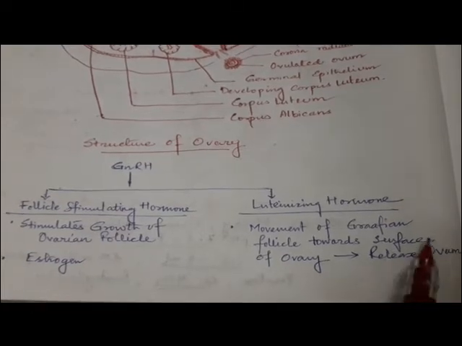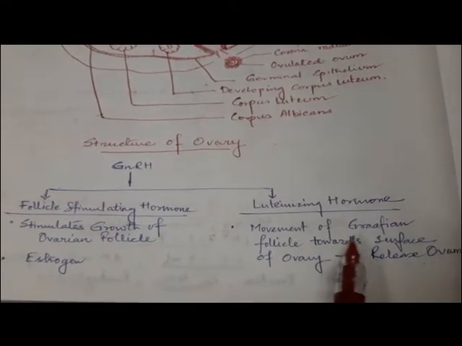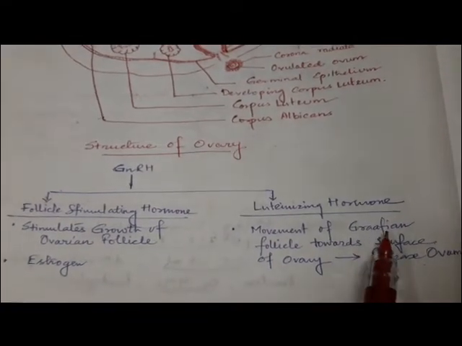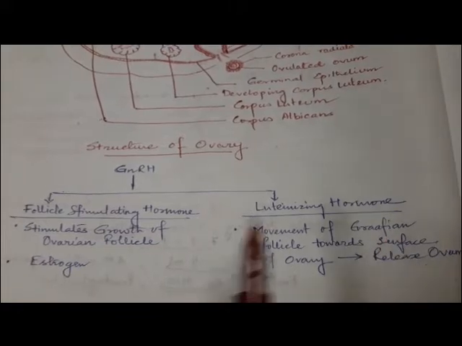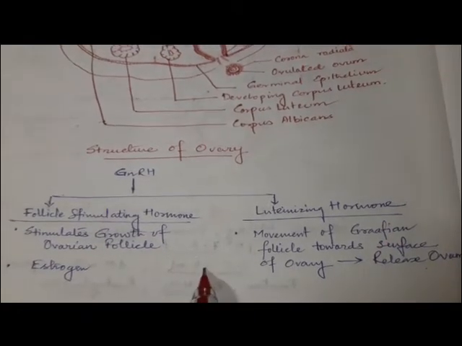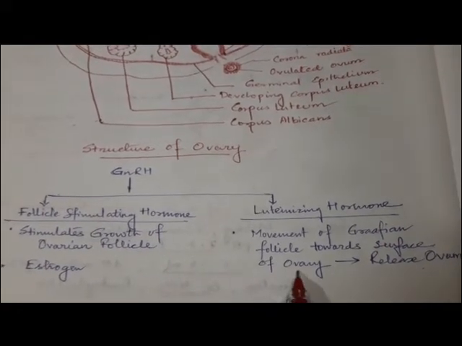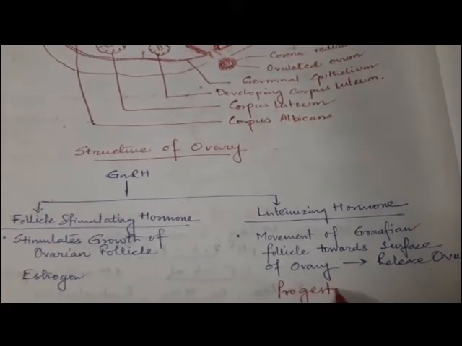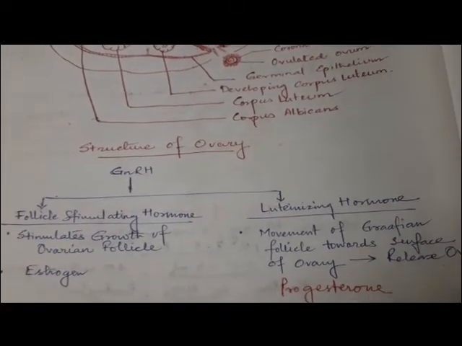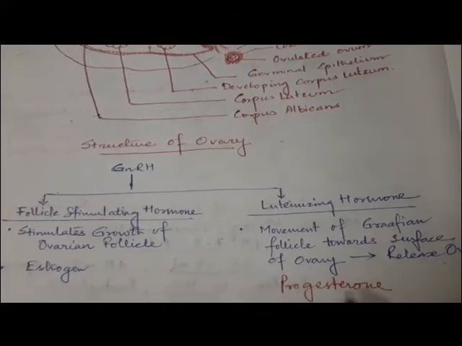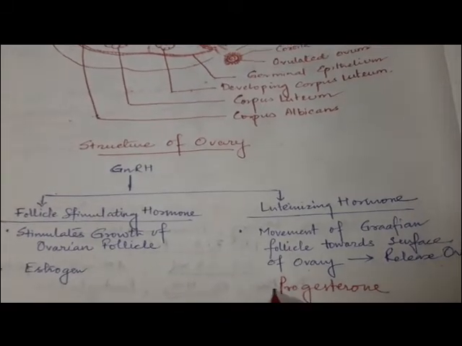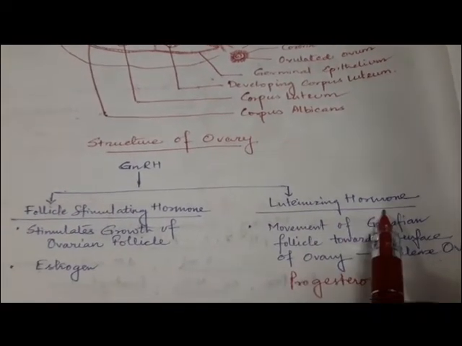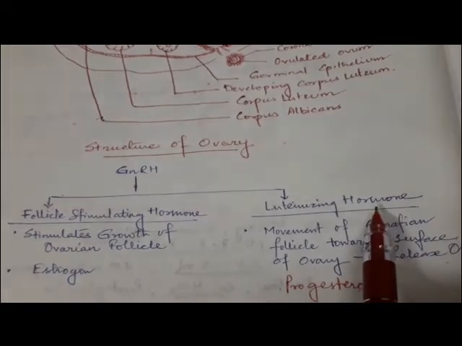And as you have seen, within the ovary, the ruptured Graafian follicle ultimately forms the corpus luteum. Remember that? So the corpus luteum produces progesterone, right? And this progesterone again inhibits luteinizing hormone.